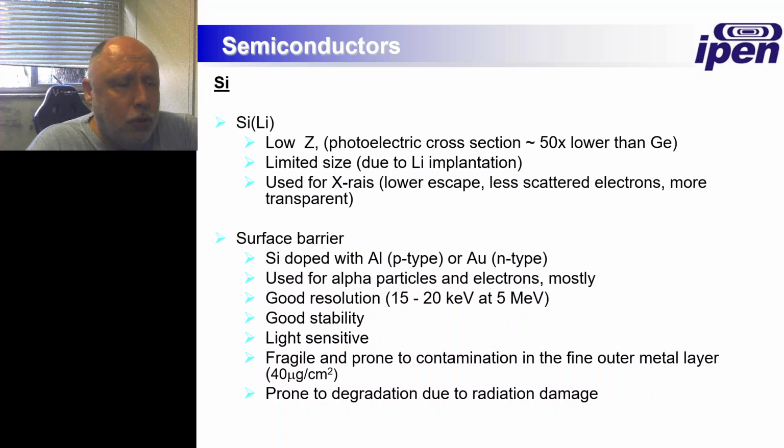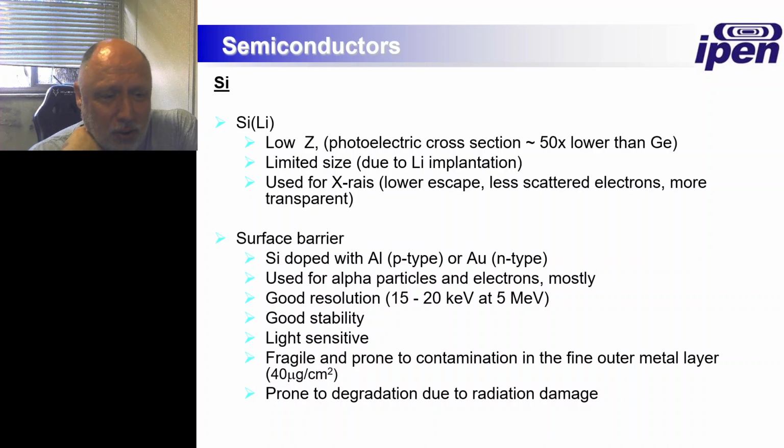We cannot produce as large ones as you want because the lithium would not implant homogeneously. It's used for X-rays, not gamma rays. And there's another silicon detector that has a lot of use for many things. It's a surface barrier detector. It's silicon doped with either aluminum or gold. They're made very small, and they're very much used for alpha particles. They can be used for electrons too.